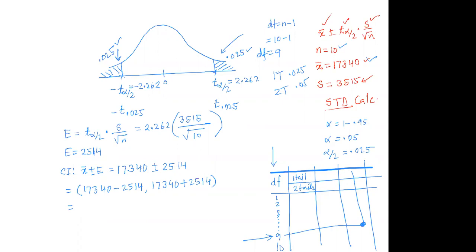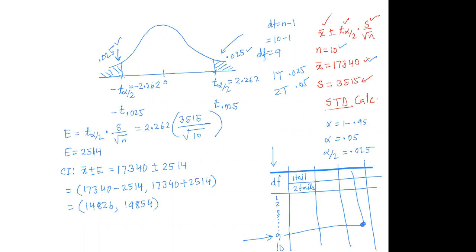What numbers do I get? 17,340 minus 2514 is 14,826, comma, 17,340 plus 2514 is 19,854.